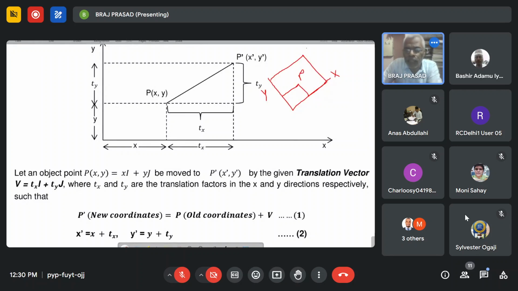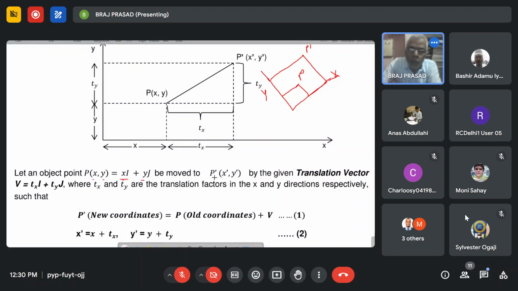It is our p and it is our p dash, but the direction of this frame is different from the direction of this frame. This is another frame in another direction. So to indicate the direction, we will use the directions of x and y both. That's why I have written the coordinates of x and y as xi and yj.